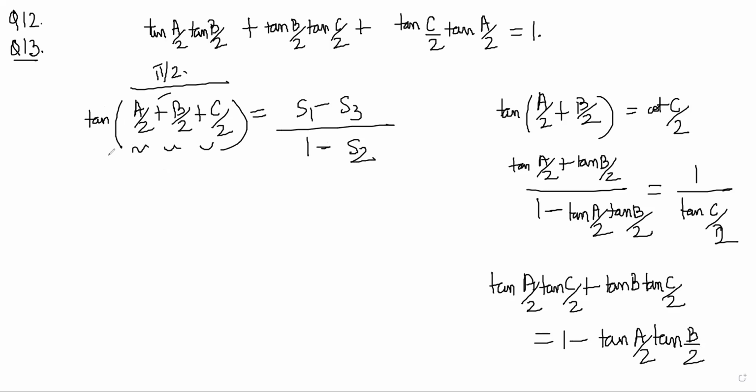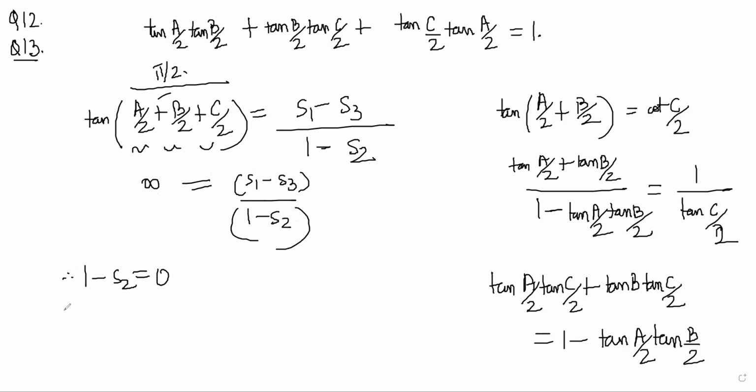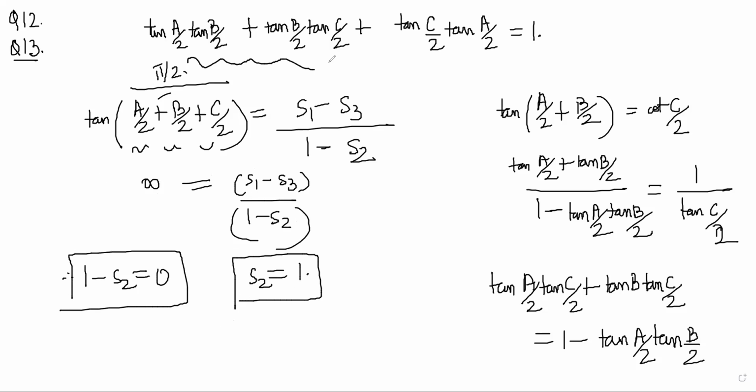So tan pi by 2 we know is infinite, so this fraction is giving an infinite value. That means 1 minus S2 must be 0, no? So that means S2 must be 1. And this is actually S2 only, right? Okay, yes, sir.